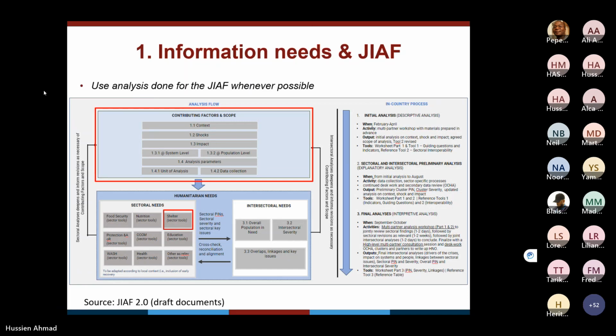Now with GF 2.0, OCHA has nothing to do with the small box under the sectoral needs, which is the shelter needs here. It is up to you as a cluster and the cluster team, coordinator, IMO, with your partners to do this analysis and provide the output to OCHA. OCHA will push back in cases like if you are saying the severity of shelter needs in this area is 5, while all other clusters are saying it's 1, for instance.